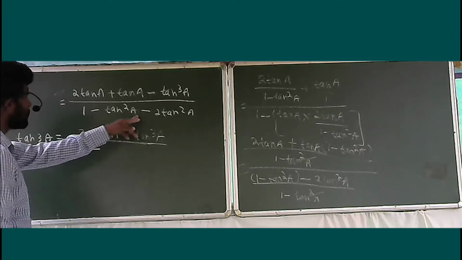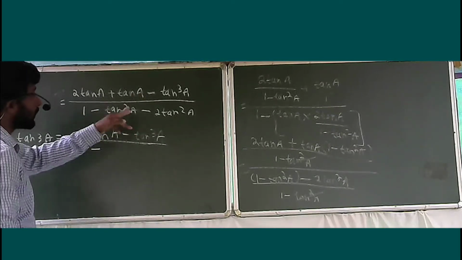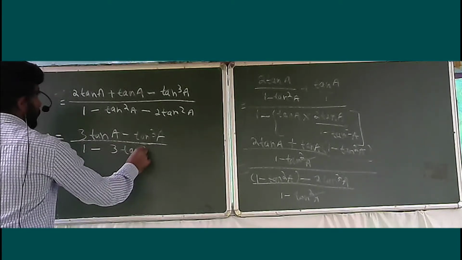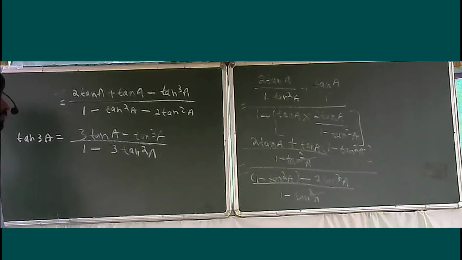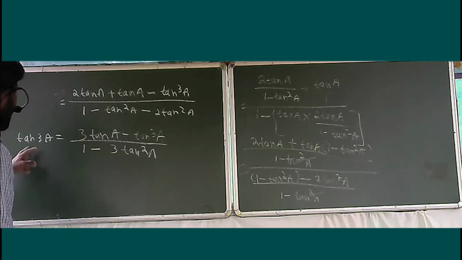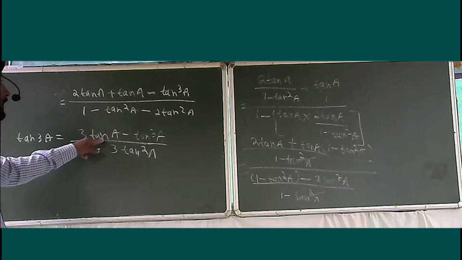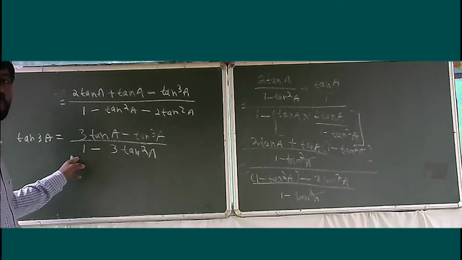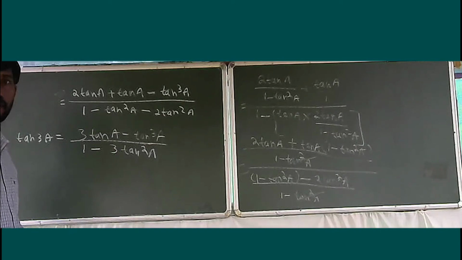Minus minus, you need to add, right? Minus tan square a minus 2 tan square a is minus 3 tan square a. Okay, it's the formula for tan 3a. Tan 3a is equal to 3 tan a minus tan cube a divided by 1 minus 3 tan square a.